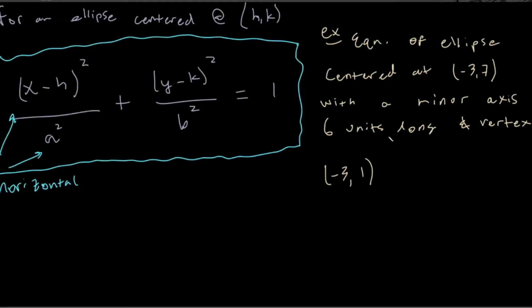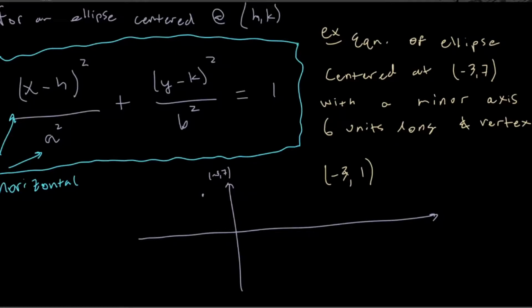So a lot of these are going to be given to you, and I have trouble imagining what this looks like, so I would always suggest drawing a picture. The center is -3, 7. I'm just going to eyeball it. And the minor axis is 6 units.